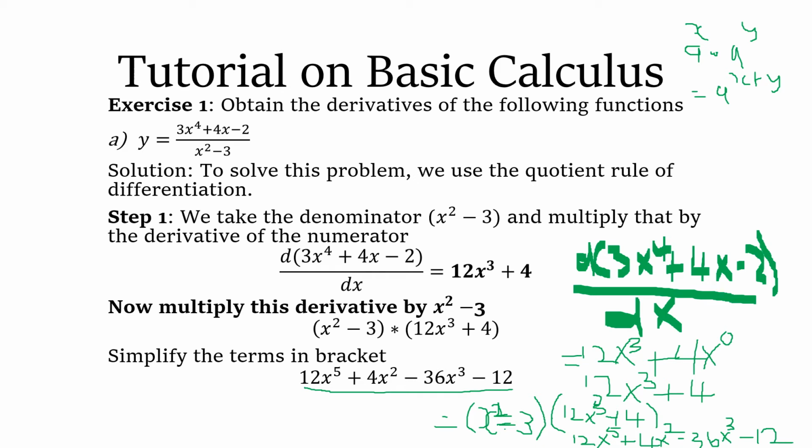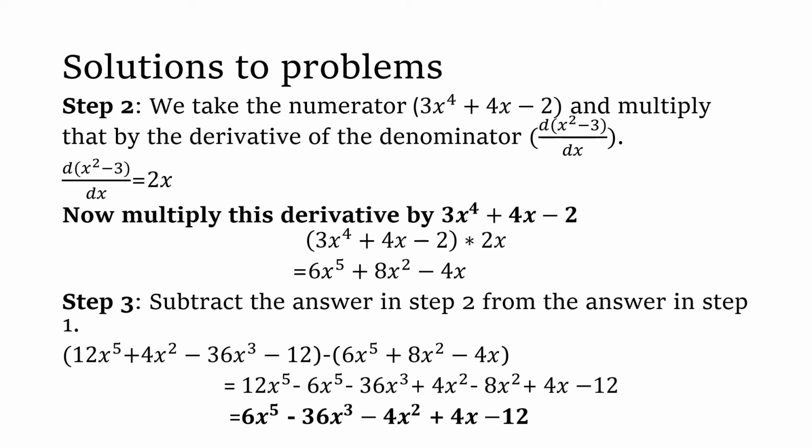Okay? Now, let's move on to the second step. Step 2 says you take the numerator. This time now, you are taking the numerator and then you multiply by the derivative of the denominator. Have you seen? Simple.